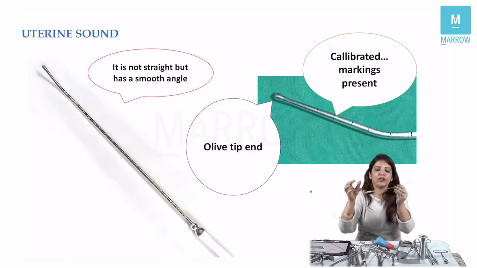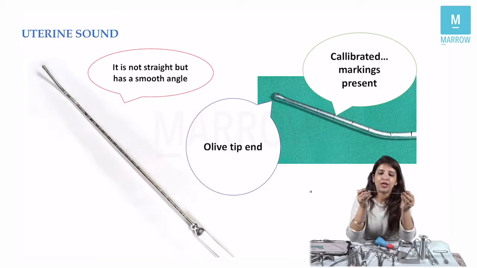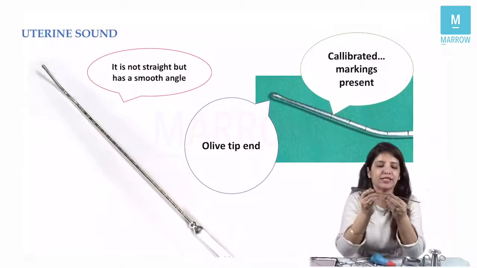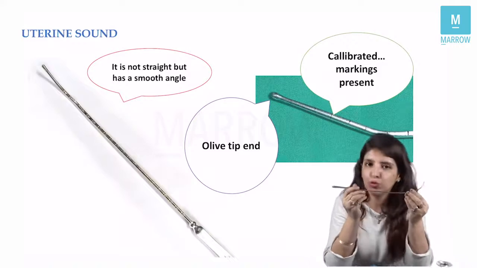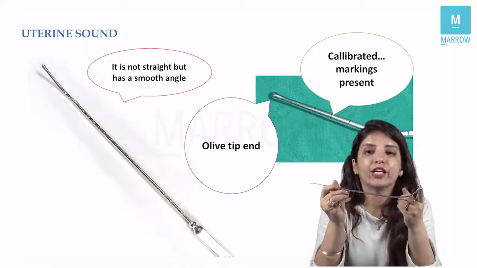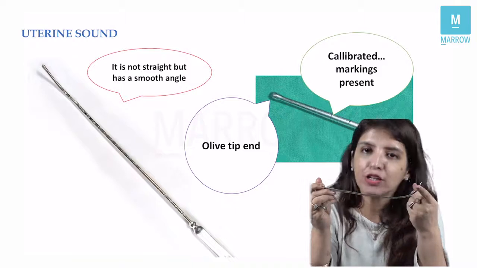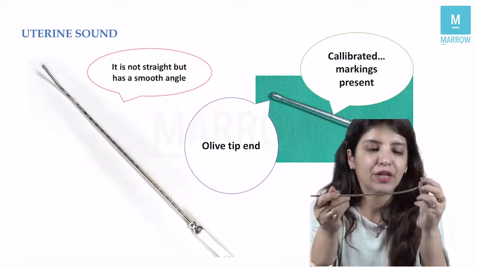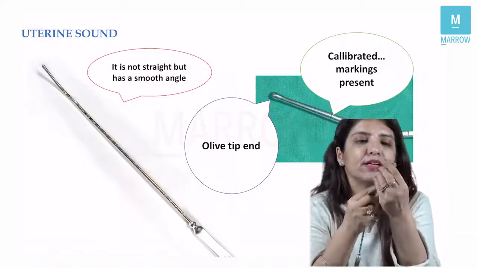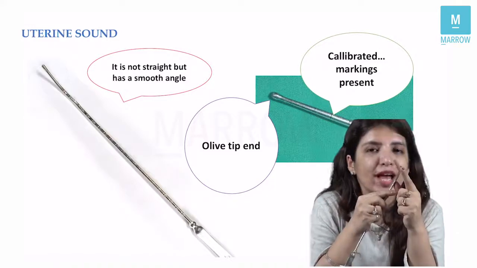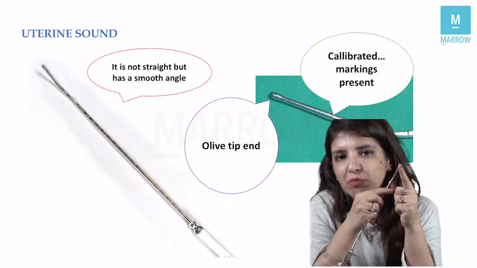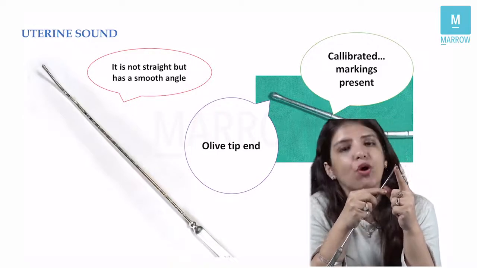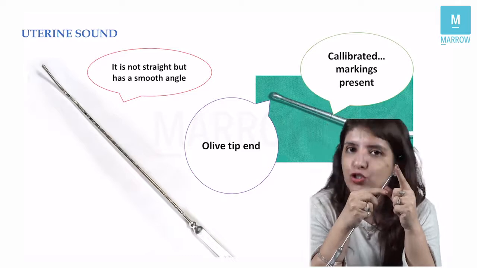So this over here is a uterine sound. If you look at a uterine sound, you will see that it is a metal tube which is angulated. The angle is pronounced, but it is very smooth, right? It has a round tip with a special name, called the olive tip. The purpose of this olive tip is that it prevents perforation.